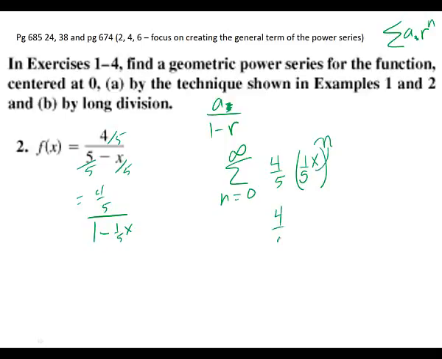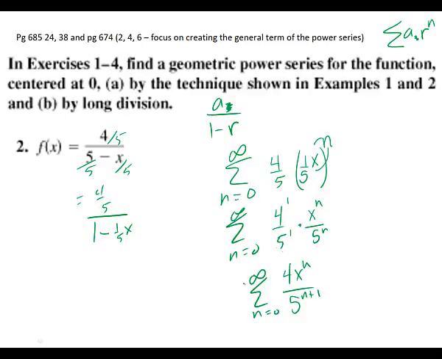So I've got 4/5, and these are both to the first power, x to the n over 5 to the n. And I've still got this thing out front. Whenever my bases are the same and we're multiplying, what do we do with the exponents? We add them. So we get 5 to the n plus 1. That is what the general term of the series would look like.